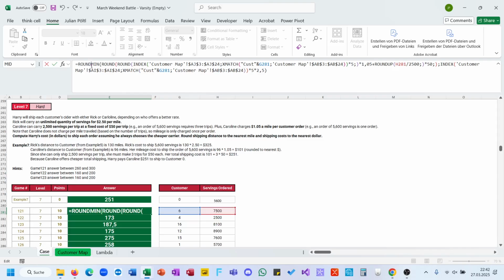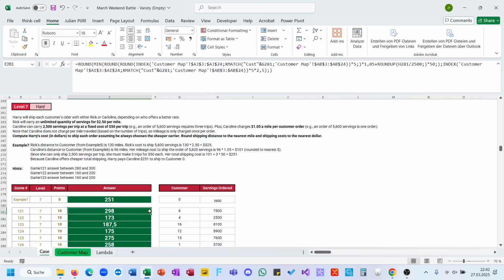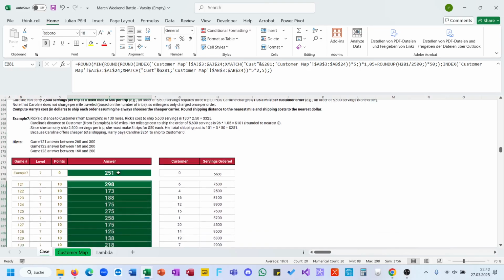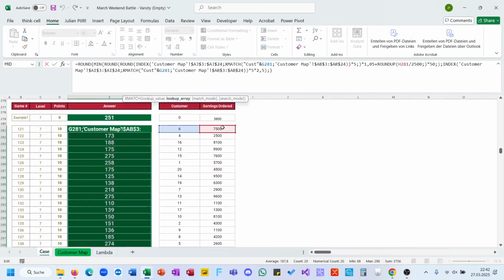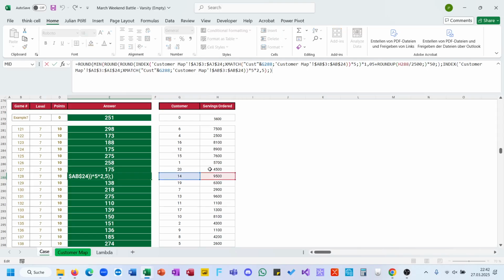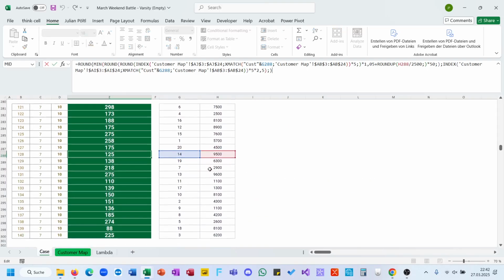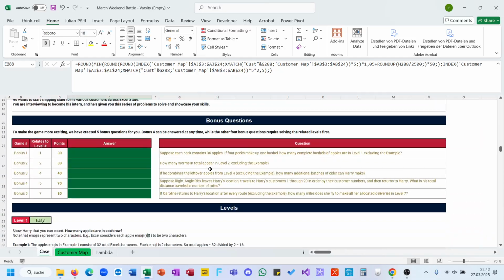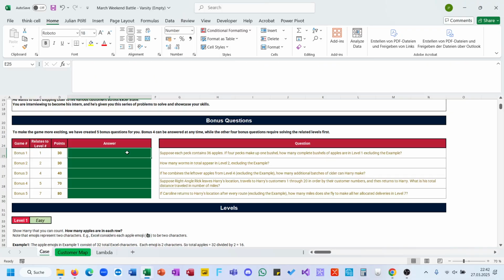Therefore, round it again. It's not the most efficient and most beautiful formula, but Excel Esports isn't about being beautiful. Could be right. I always adjust to the right customer. Nothing changed to this. Yeah, should be right. Level 7 done. Let's go to the bonus questions.